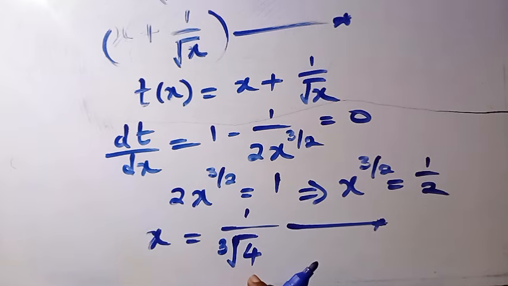And after obtaining this, what is now the minimum value of t? To know the minimum value of t, that is the whole of x plus 1 divided by root x, we have to substitute this value back into x and also obtain the value of 1 divided by root x. Whatever we get for the two of them is our minimum point. And the question now is, what is the suggested value for the output?